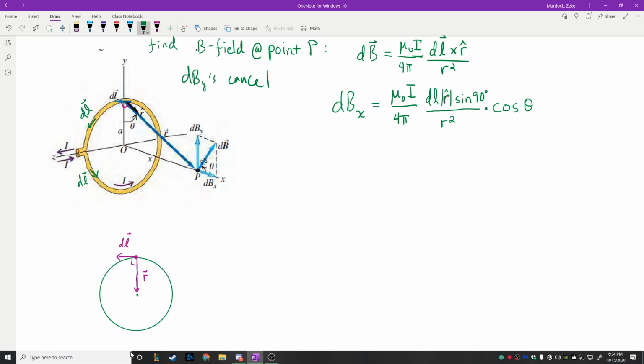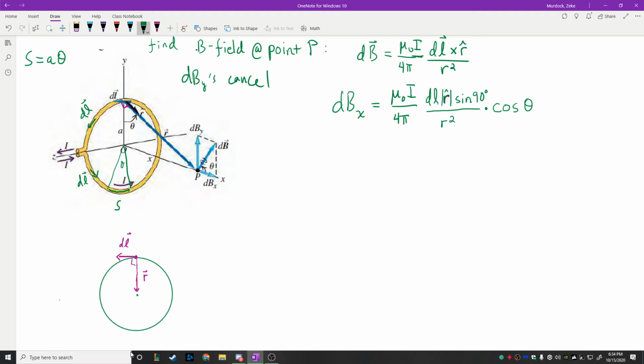The first thing I would want to do is get dl in terms of some of the other variables in the problem. Because I have a circle like this, if I choose any portion of the circle and define the arc length of that piece to be s, and the angle it makes is, for lack of a better word, theta, then the arc length s would be equal to a times theta, as long as the angle is measured in radians.